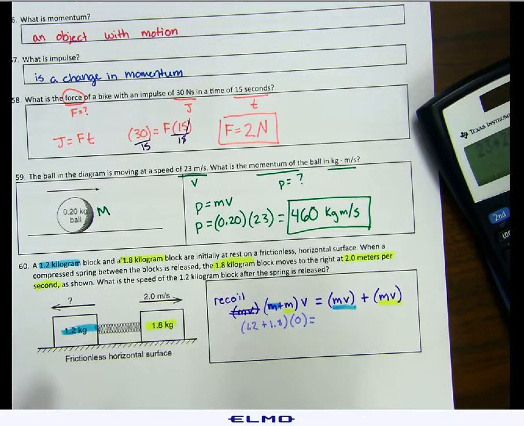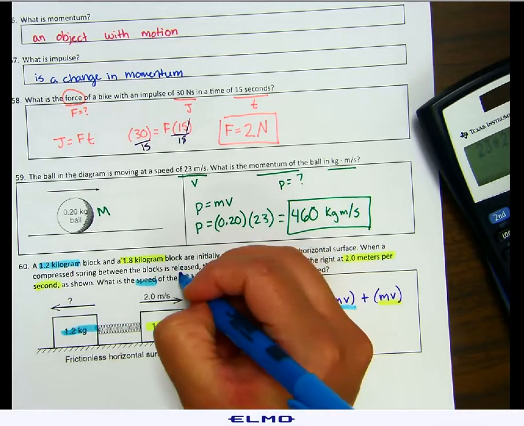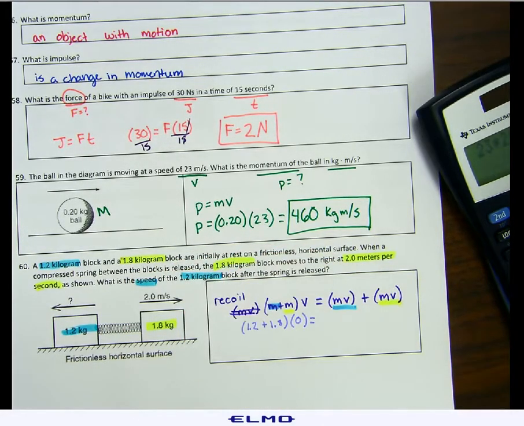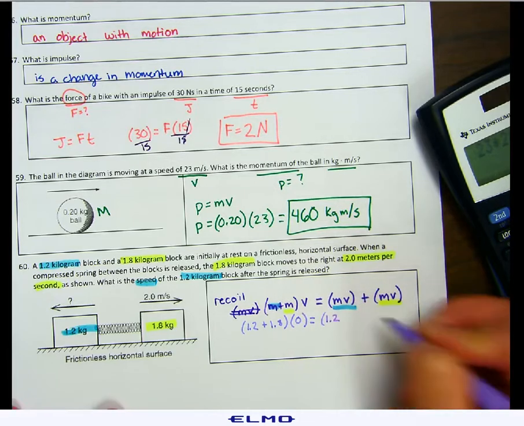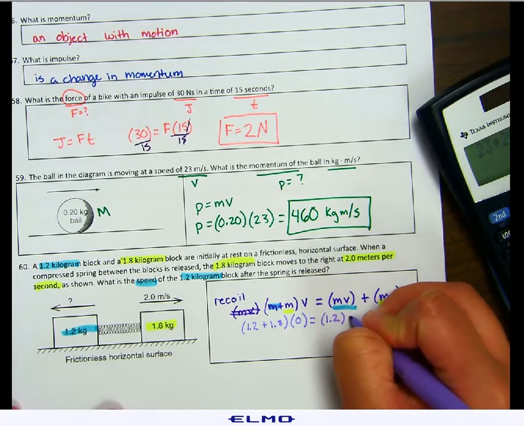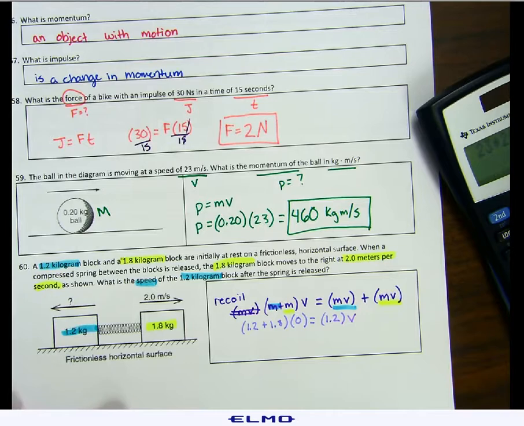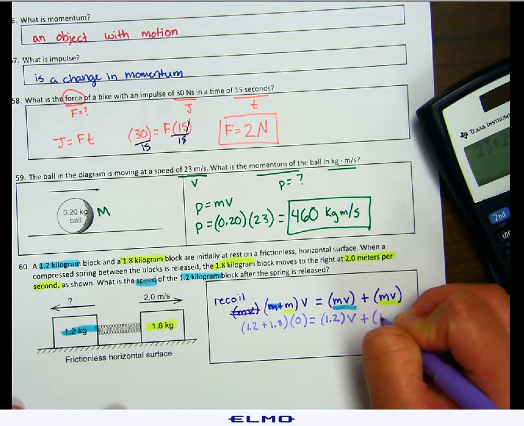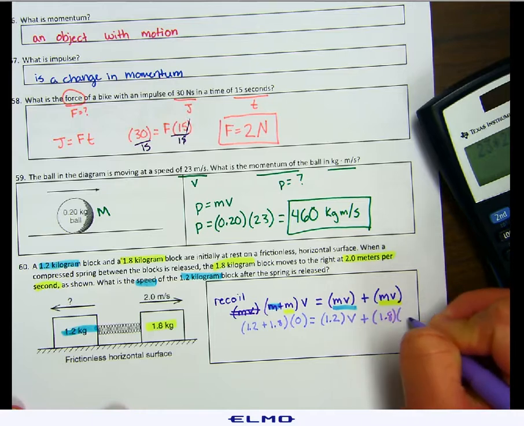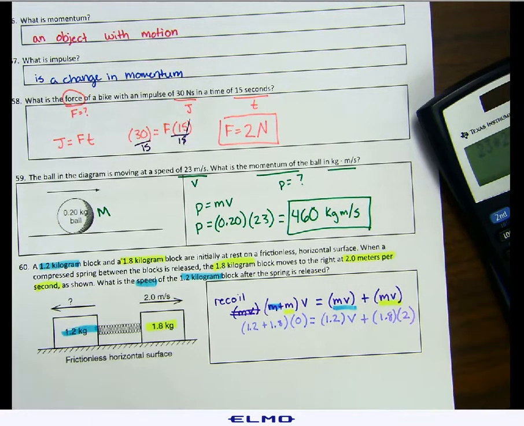I want to know what the speed is of my 1.2 kilogram block. So when I write this out, I have my 1.2 kilogram block with a speed of, I don't know, that's what I'm trying to find, plus my mass of 1.8 times the velocity of 2 meters per second.